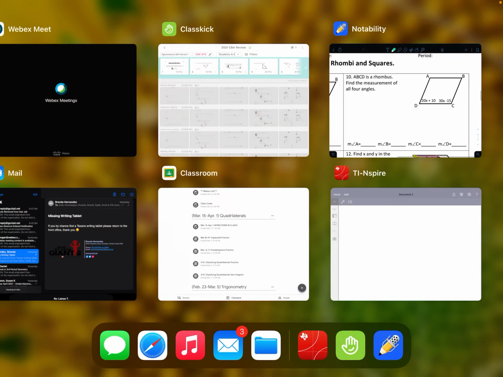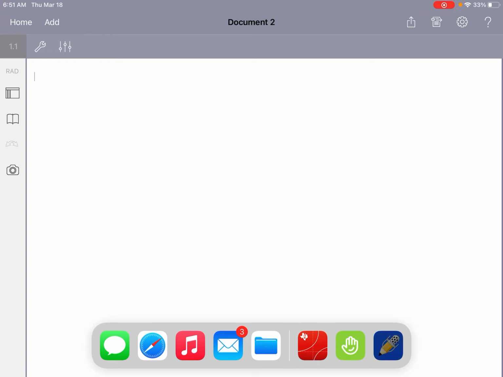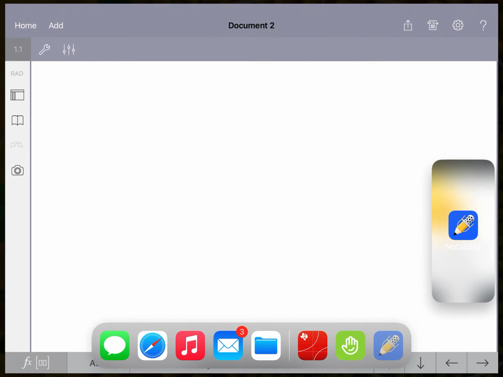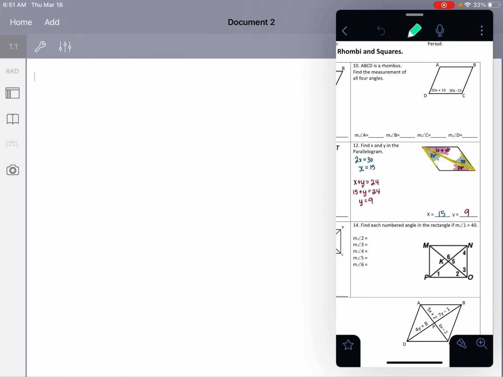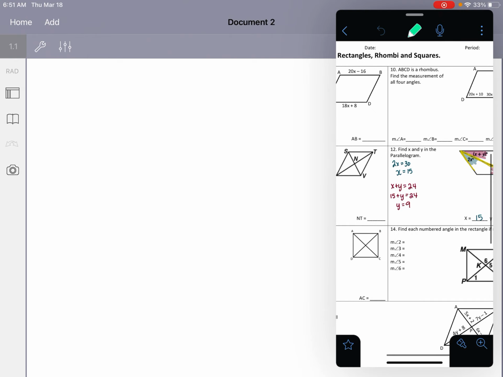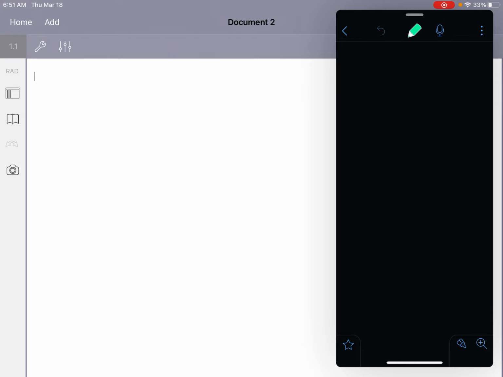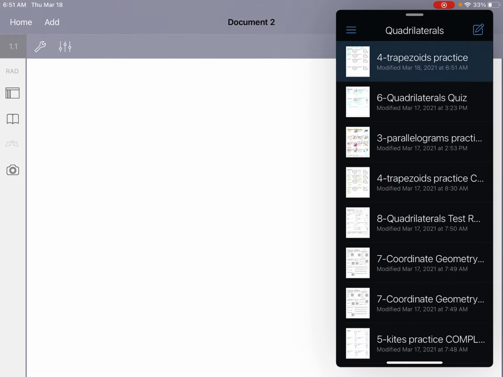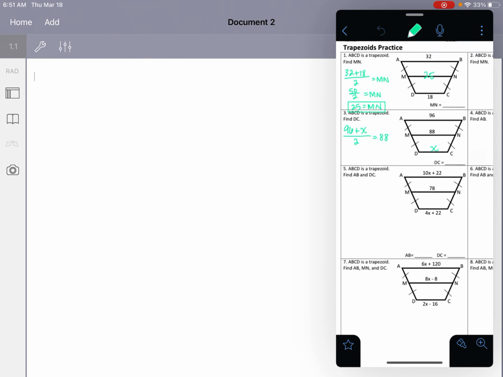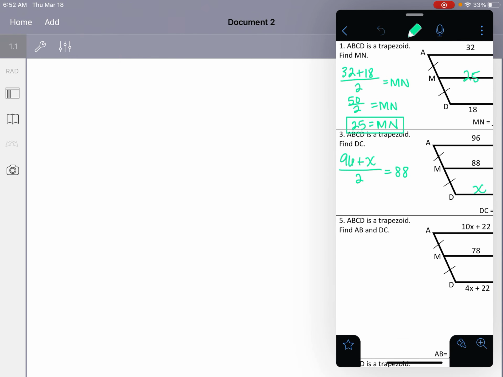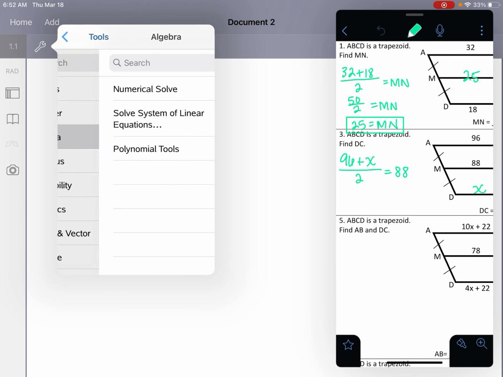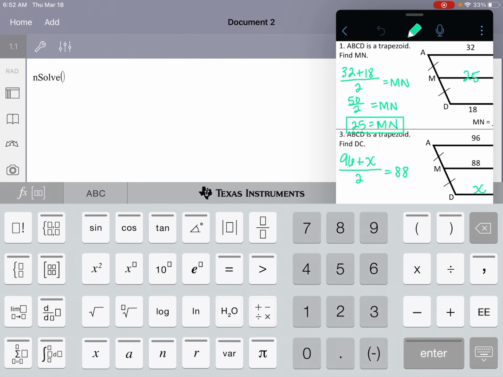Okay, so we have nSolve, and I'll do it with the fraction.